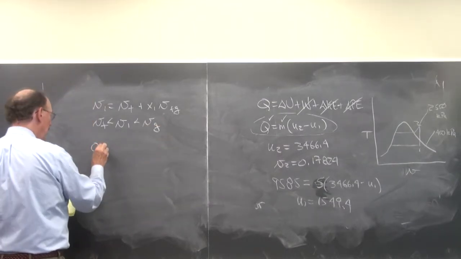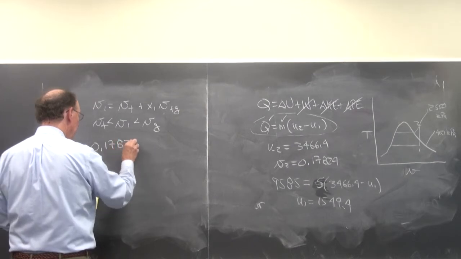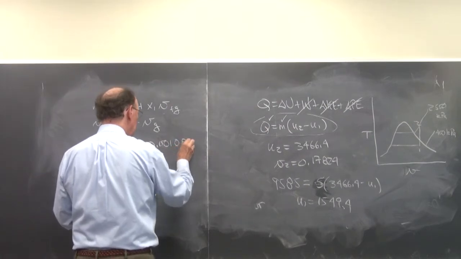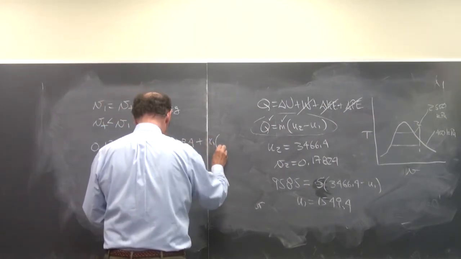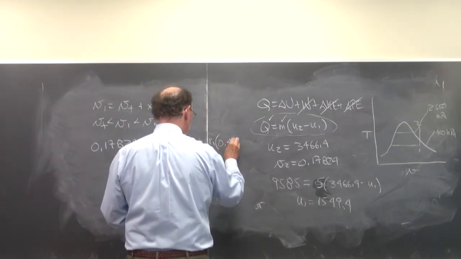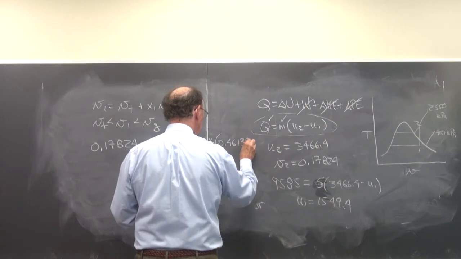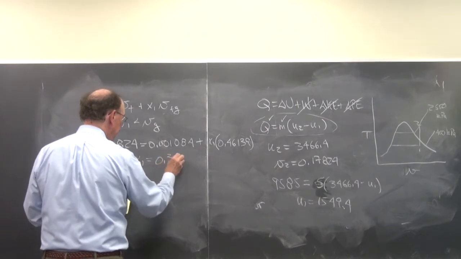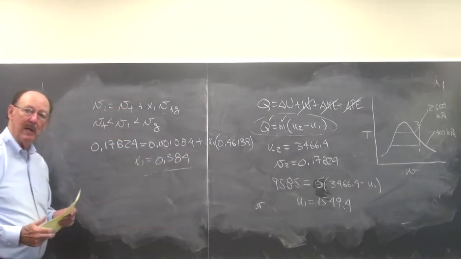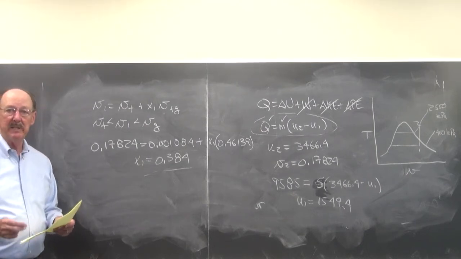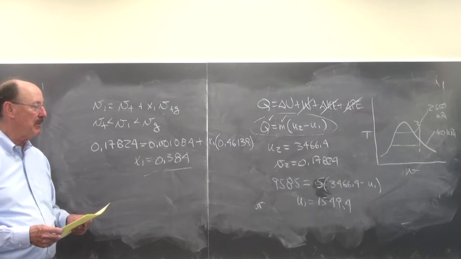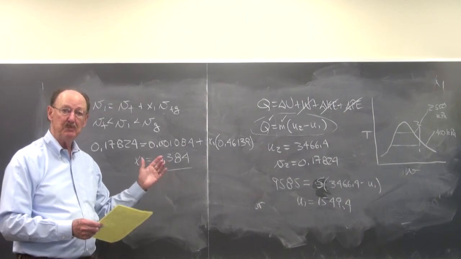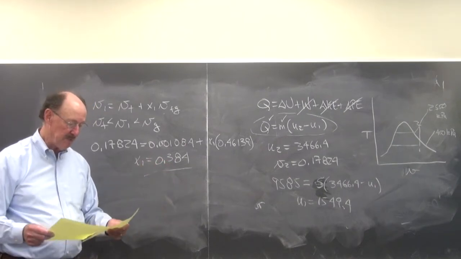So 0.17824 is equal to 0.001084 plus X1 times 0.46139, and I get that x1 is equal to 0.384. So I can find the quality. I could have found the quality using the internal energy. So in this case, the problem was a little bit overspecified, but it introduces the idea that for constant volume processes, it's constant specific volume, and that's an important concept.